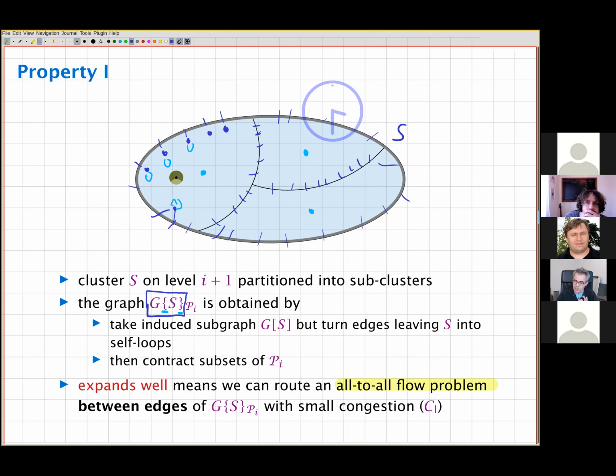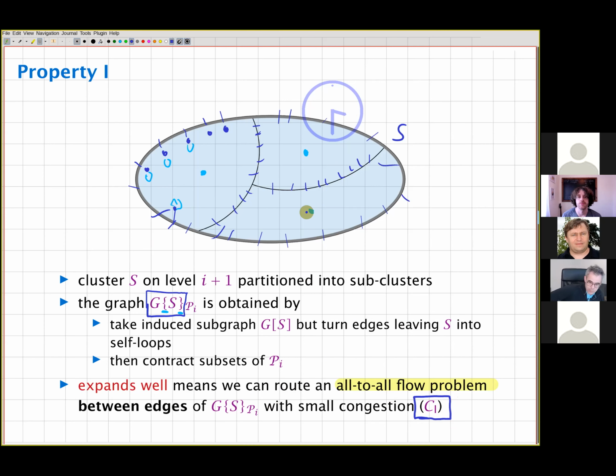So the self-loops also play in this all-to-all flow problem. And what I want is that this uniform all-to-all flow problem on the edges of the contracted graph can be routed with some congestion C1. This is the first property. This should have congestion C1.